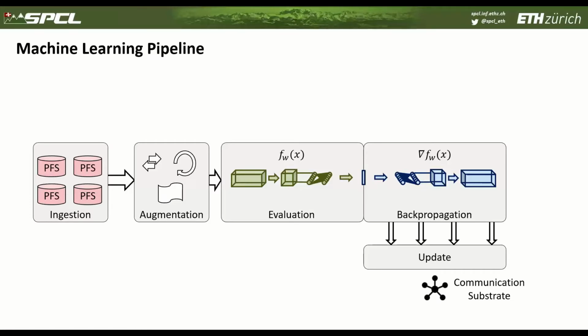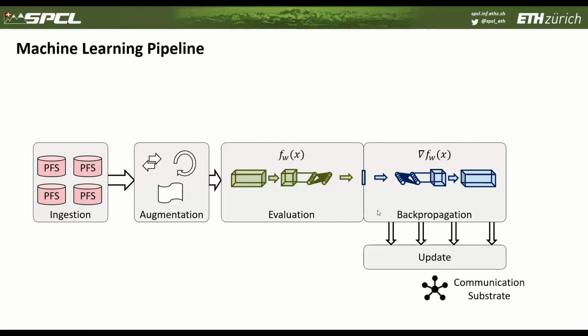And so we can see that when you work with clusters, sometimes you need to read that sample from somewhere. This might be a parallel file system or any other kind of storage location. This sample has to be decoded and augmented. So in images, maybe it's relatively easy, but when we're talking about data sets like weather, sometimes there is additional computation to be done. And then, of course, we need to evaluate the model.